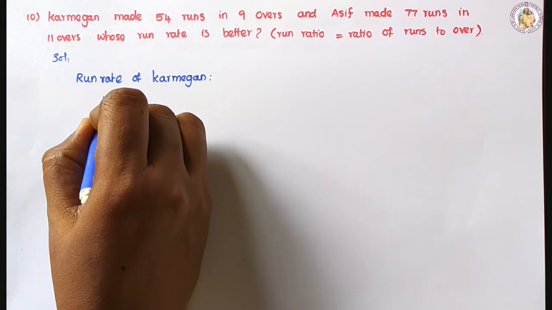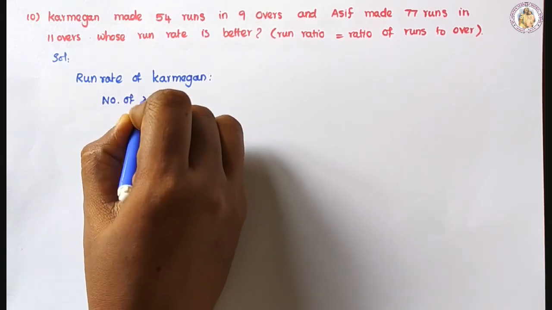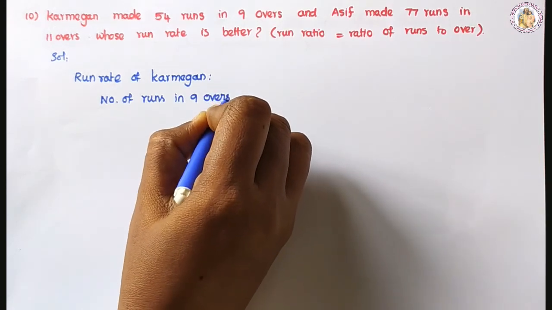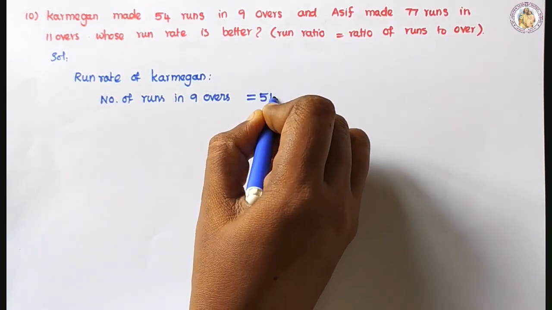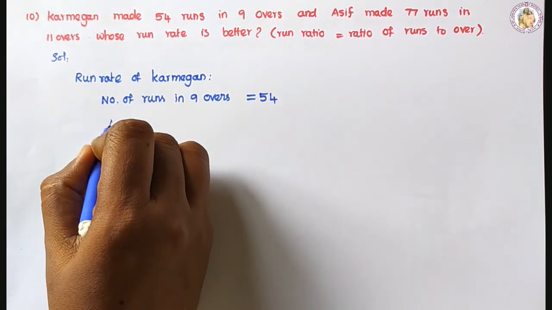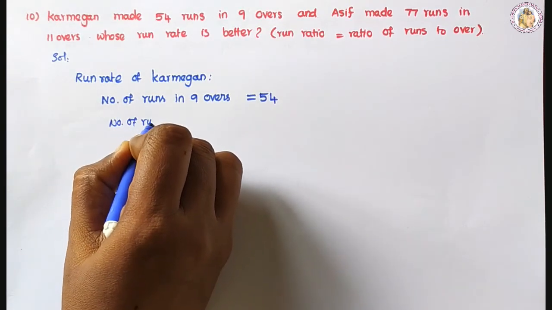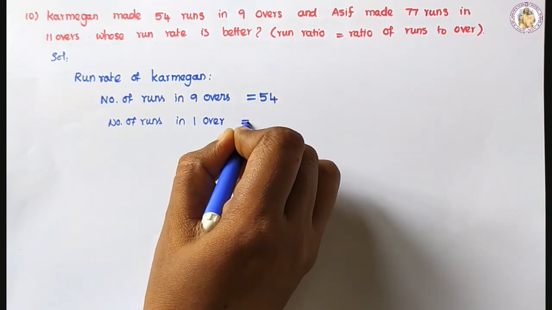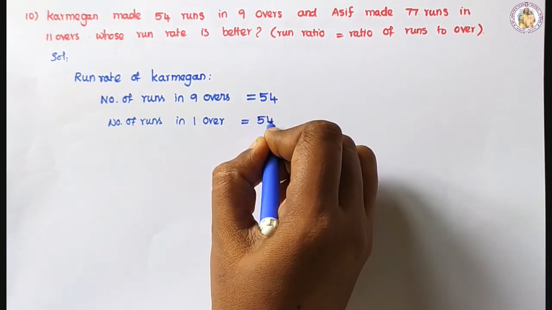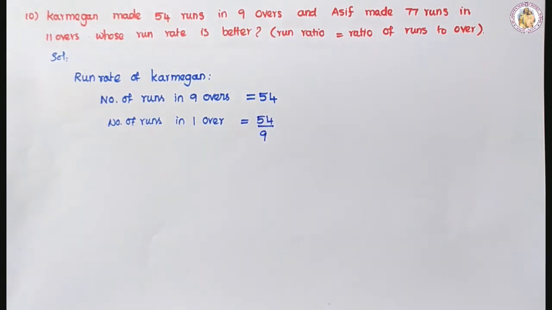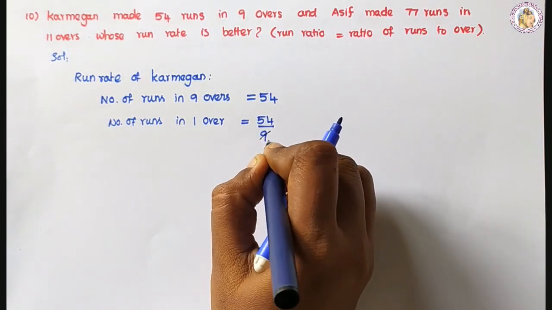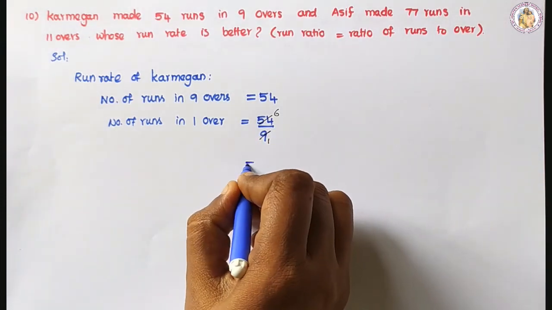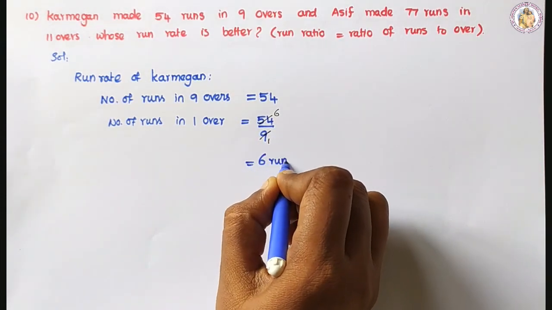Number of runs in 9 overs equal to 54. So number of runs in 1 over equal to 54 divided by 9. Cancel the numbers. 9 1 is 9, 6 9s are 54. So 6 runs in 1 over.